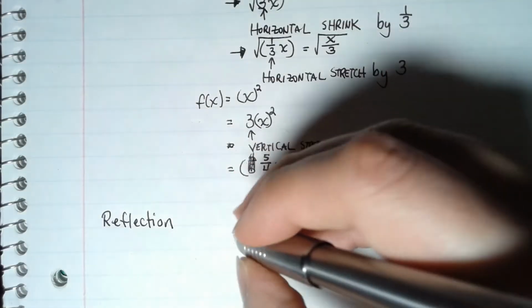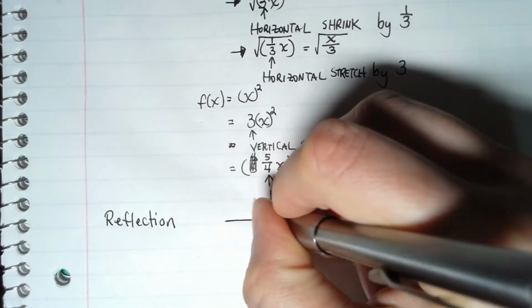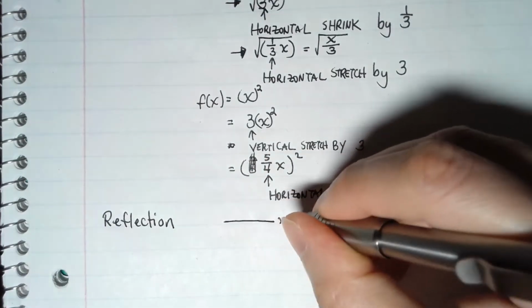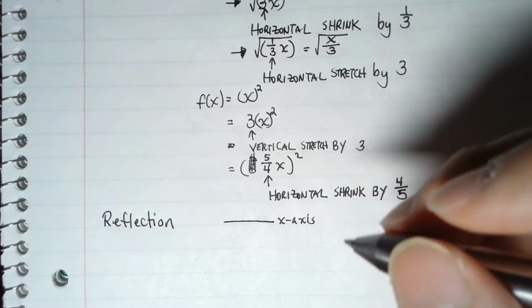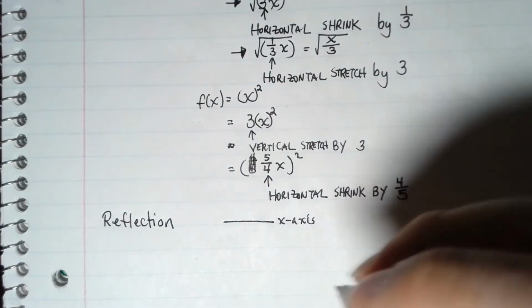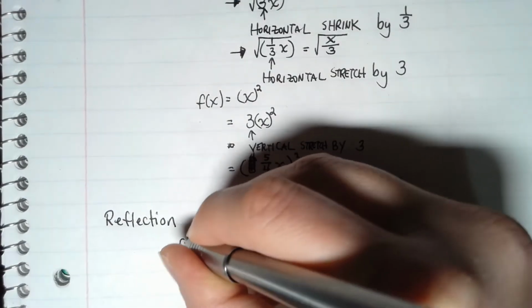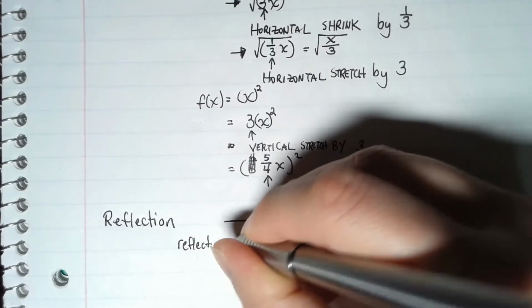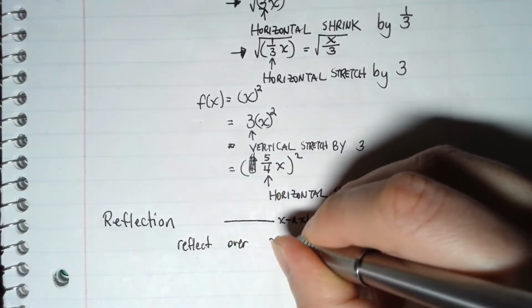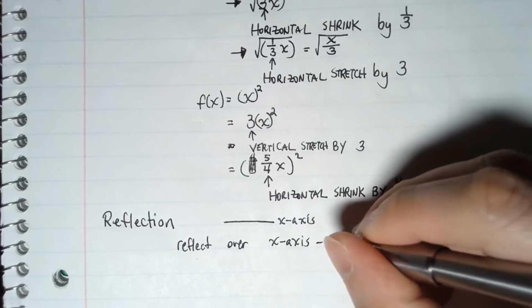Now, here is the x-axis, and when you reflect over the x-axis, you need to understand that it's a vertical change.